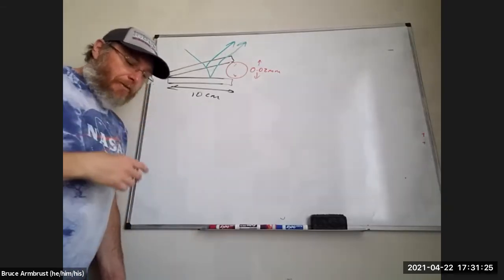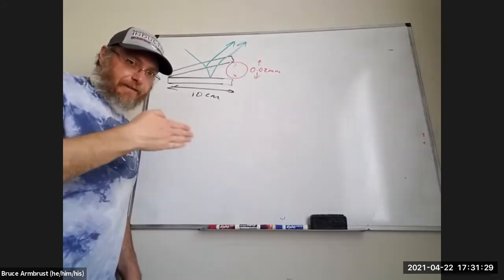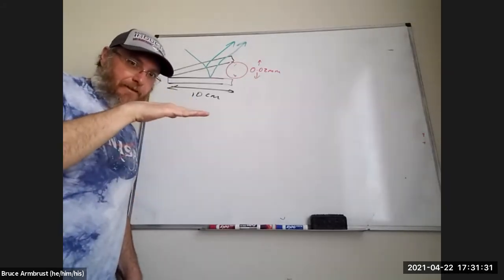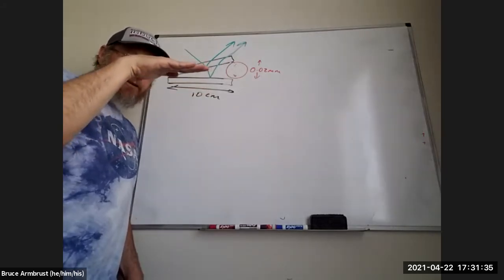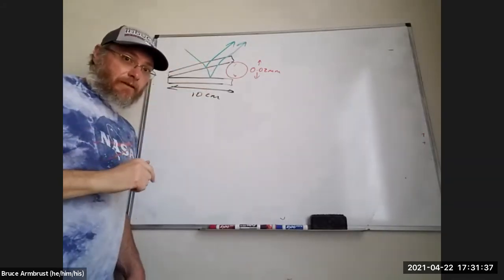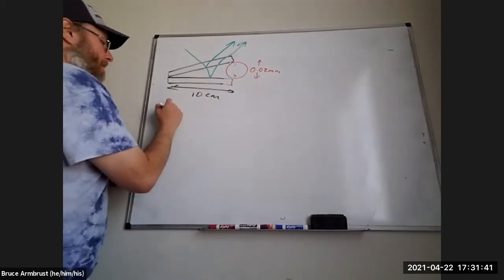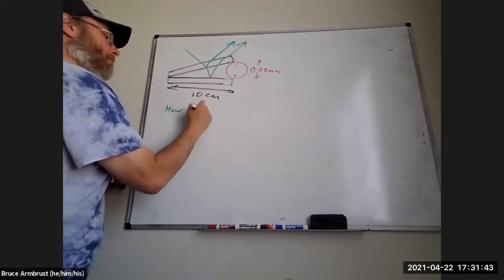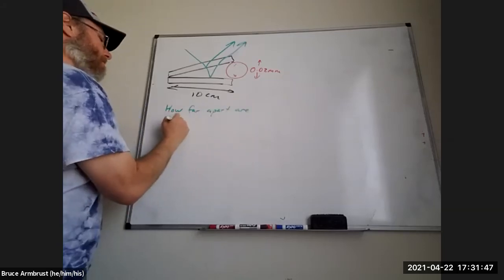So if you were looking at this, say through a microscope, you would see a dark line, then bright, then another dark line, then bright, another dark line, and so on. So here's my question: how far apart are the dark lines?